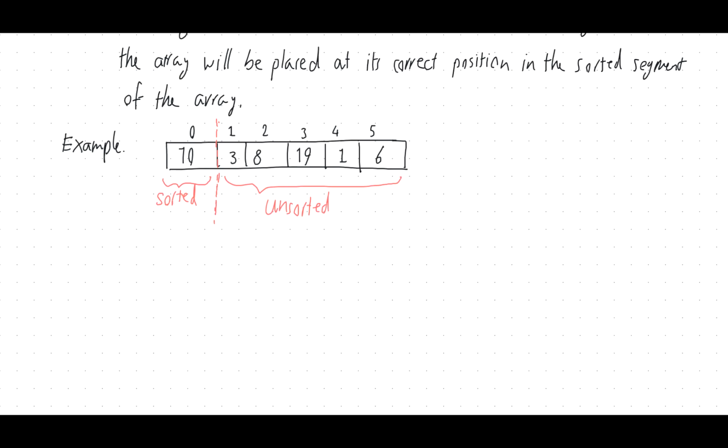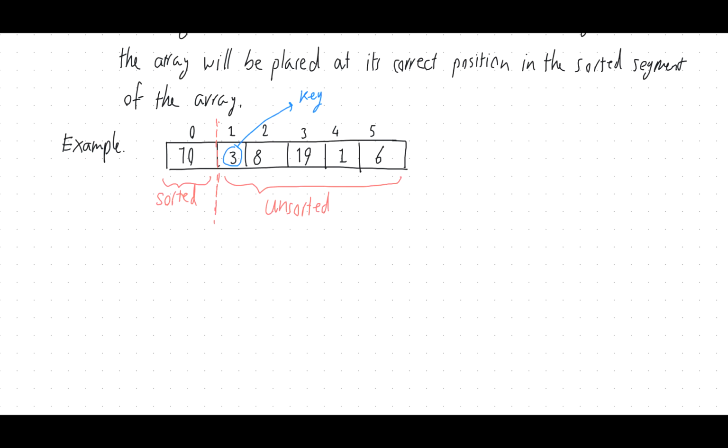Okay, but how does this work? As I said in the description above, the first element in the unsorted part is a special element for us, and we call it the key. So this is the key at the beginning, the first element in the unsorted segment of the array. And what we do is we find its correct position in the sorted part. So where should 3 be placed in this part?